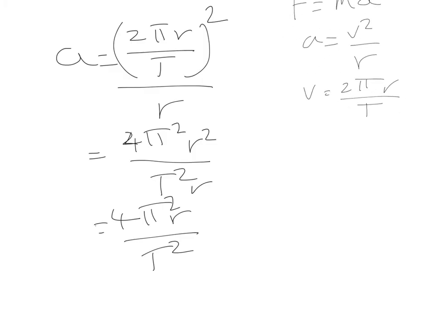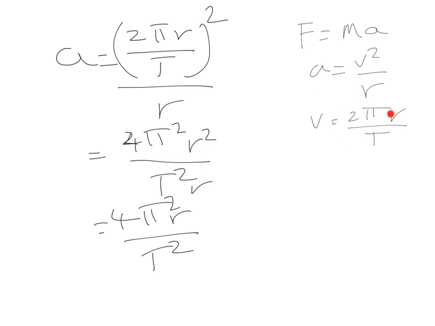So you substitute this into this. So v is 2 pi r divided by T. So 2 becomes 4 pi squared r squared divided by T squared. And you have r at the bottom, and the r cancels the r at the top. So it's 4 pi squared r divided by T squared.